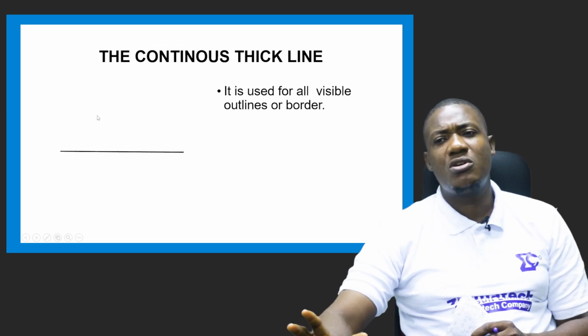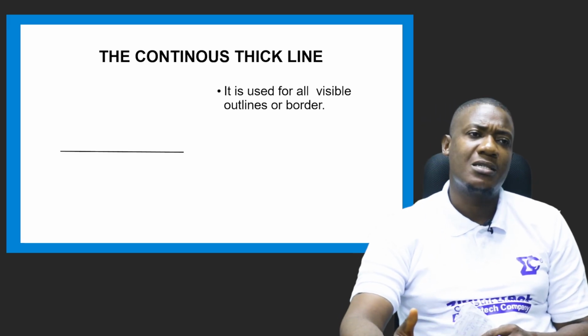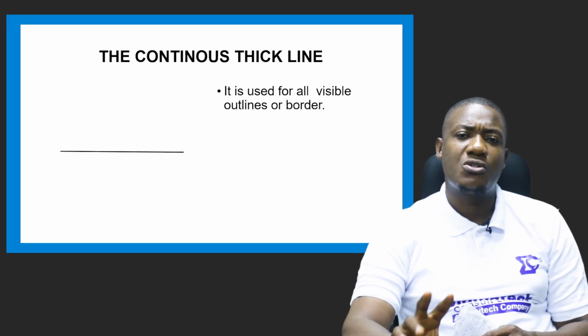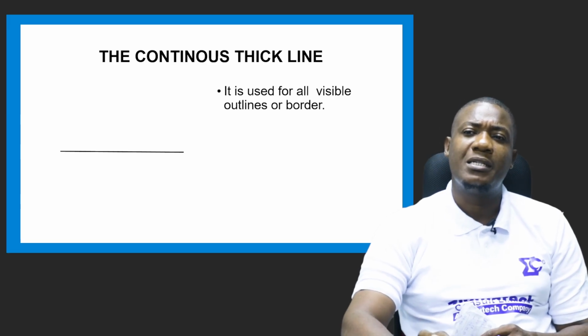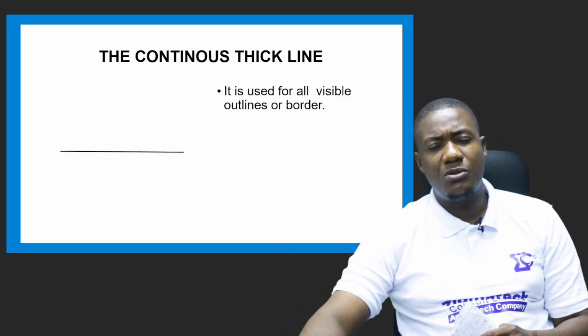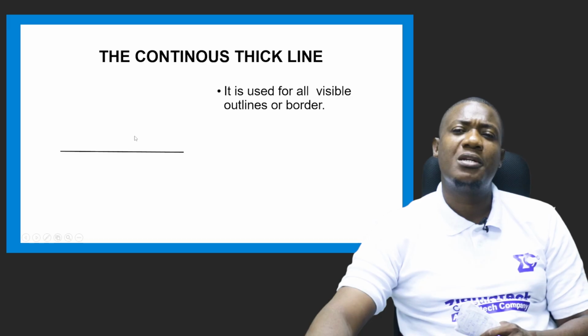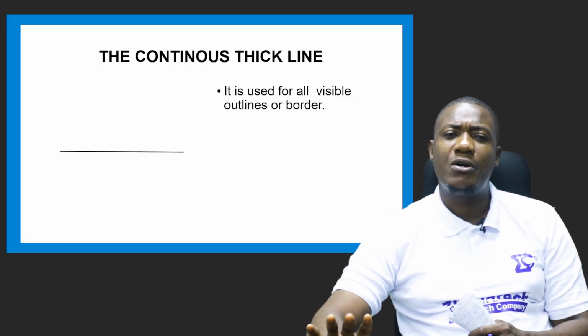For example, a thick continuous line is especially used for visible outlines or borders. After your construction or your drawing, you have to use a bold line or a thick continuous line to show the outlines of the drawing. We're going to do that when we start the technical drawing or drawing proper. You're going to see how the outline is done.